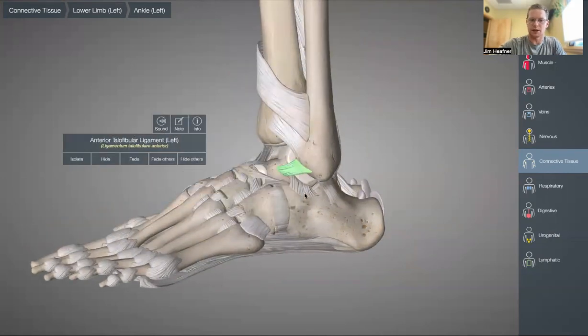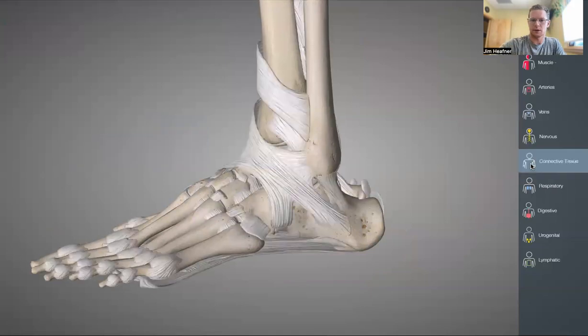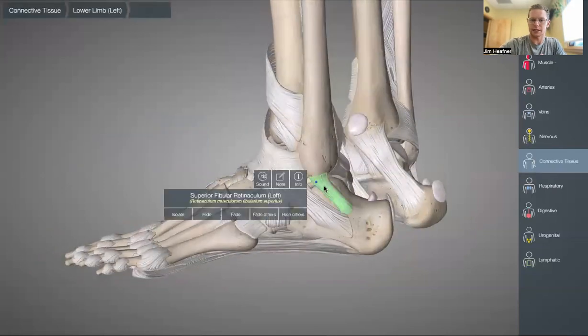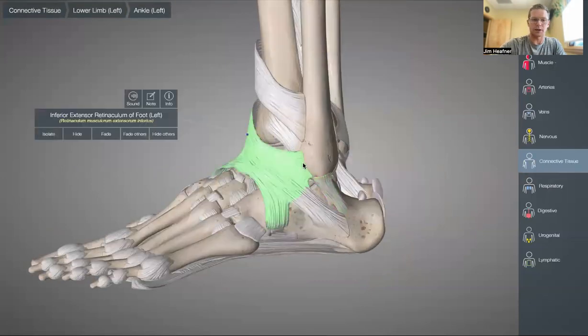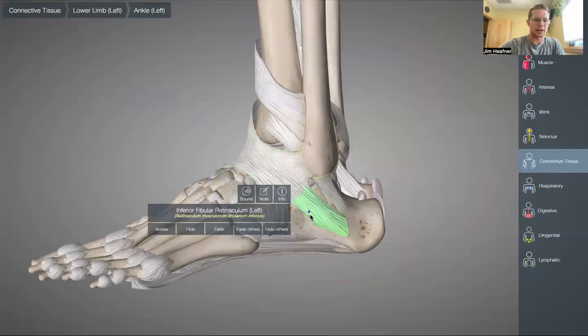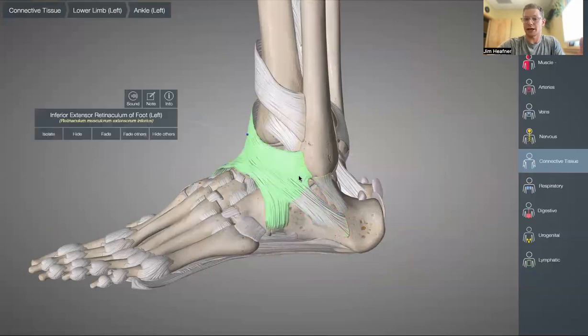But I also want you to think about this as if we add this layer back on, you can see these ligaments, but there's also this dense retinacular fiber over the top of this. So when these things get overstrained, like a sprained ligament, we're putting a lot of stress through a lot of these retinacular fibers as well as the underlying ligaments.